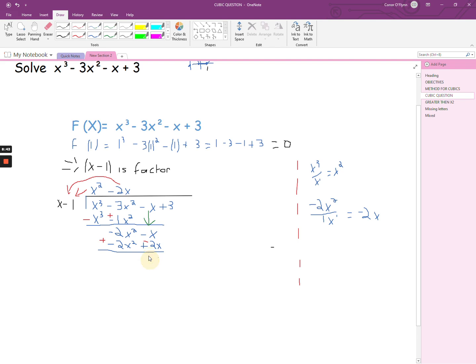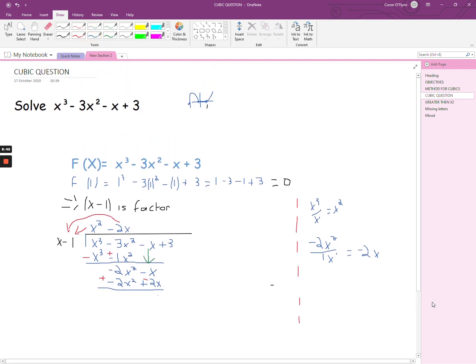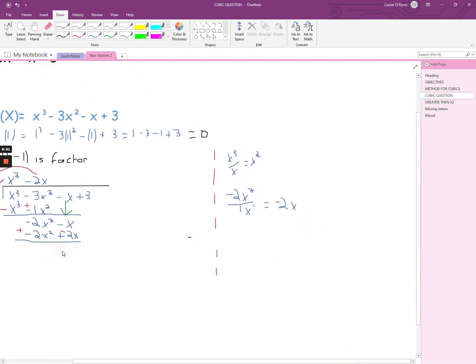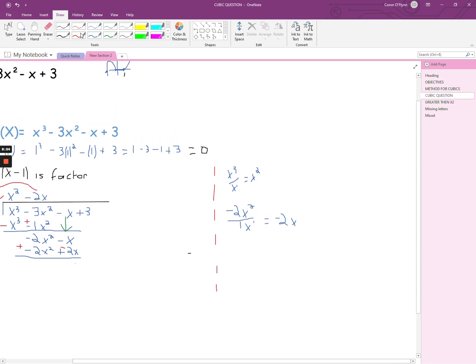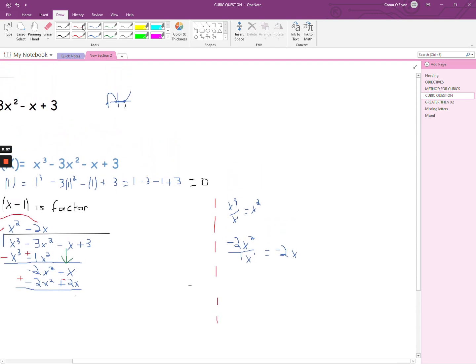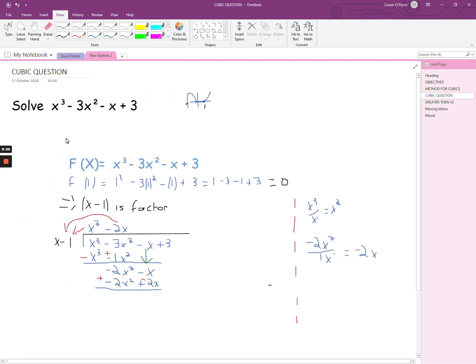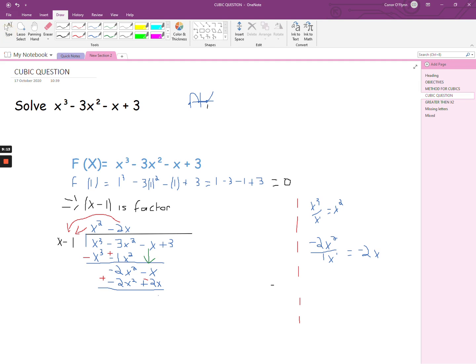So I'm subtracting the two of them. So it'll be minus 3x.